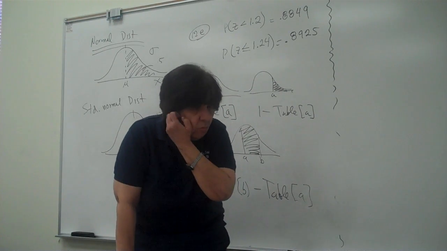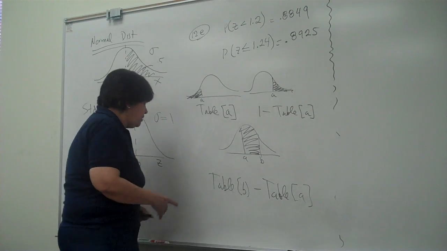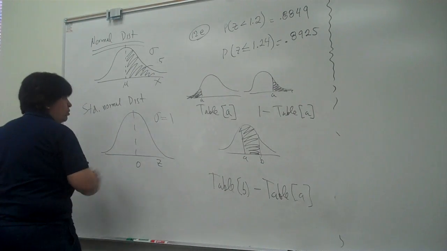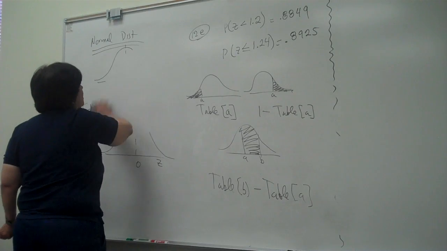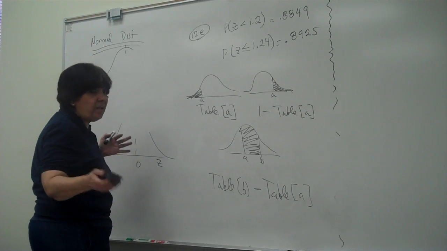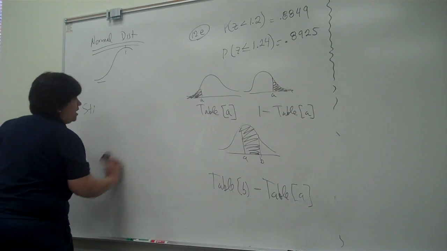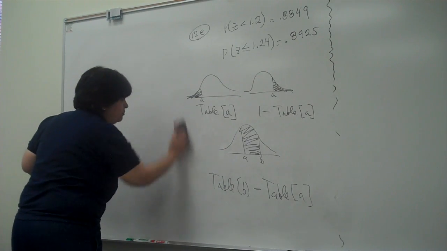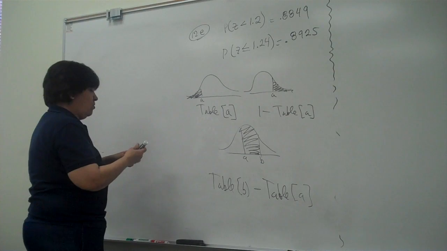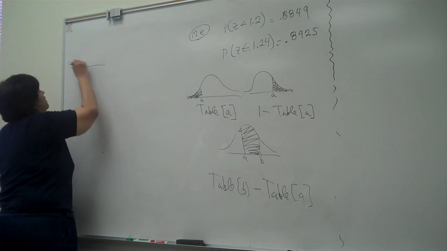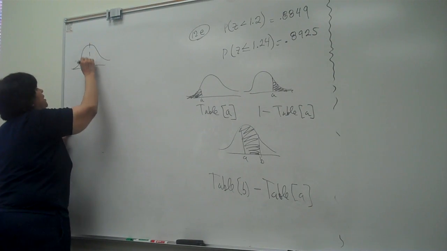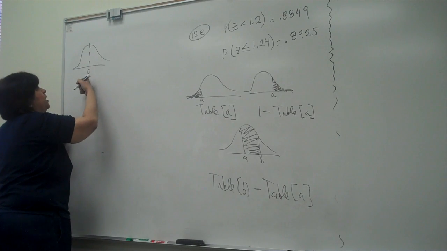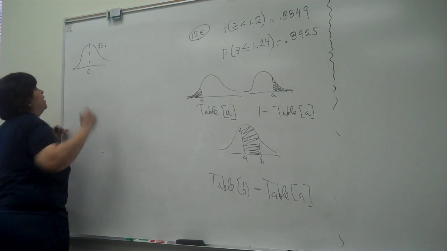Okay, now, why is the standard normal distribution so important? Well, it is so important because we have the tables that tell us the probabilities. Now, I have this standard normal distribution with mean equal to 0 and sigma equal to 1.